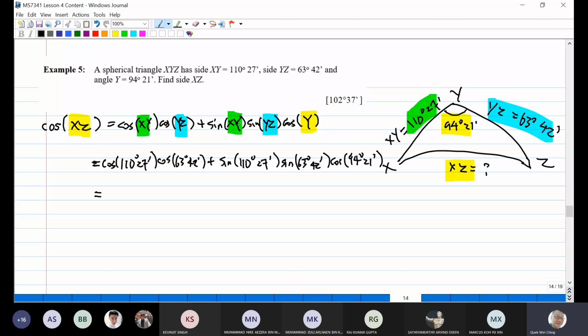If you press the calculator correctly, you're going to get a negative answer.